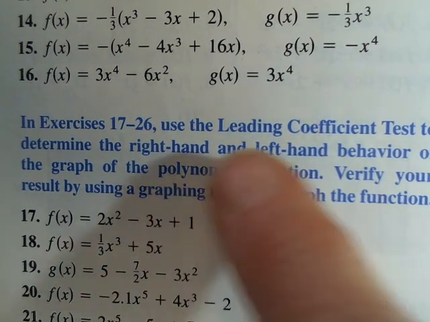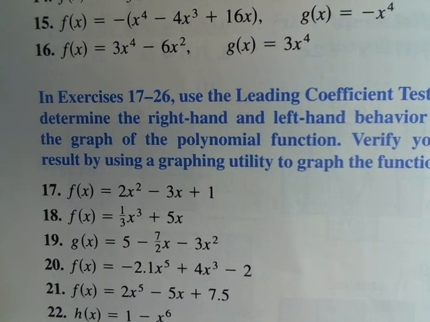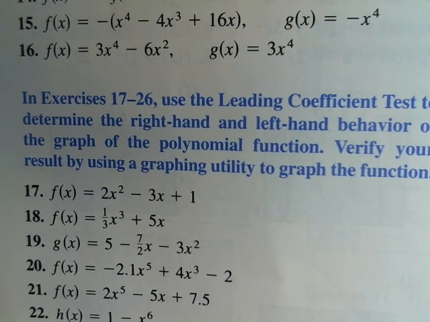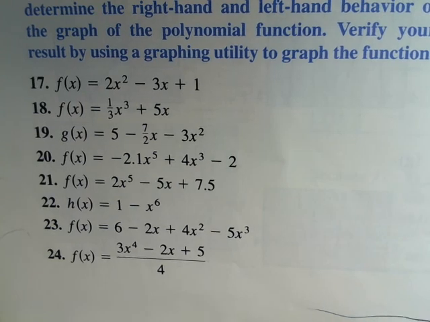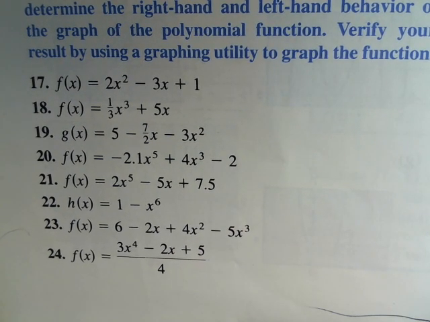And there are the instructions. And the question that I'd like you to do on this page is number 23: 6 minus 2x. Whoops, you can't see it. There it is, number 23. 6 minus 2x plus 4x squared minus 5x cubed. Do a leading coefficient test.